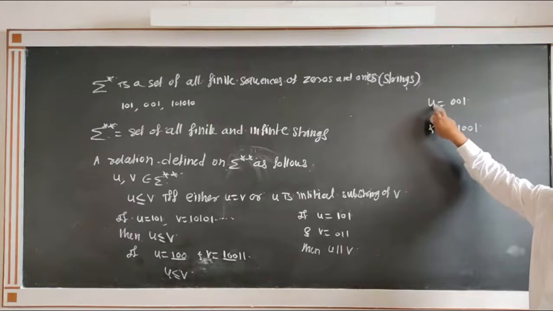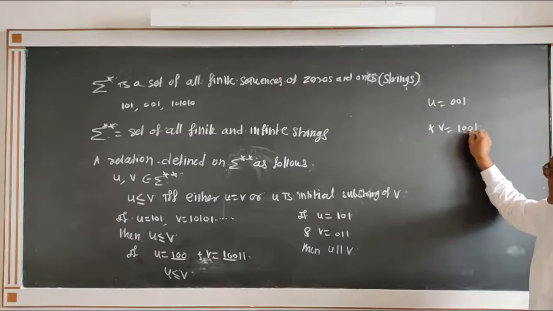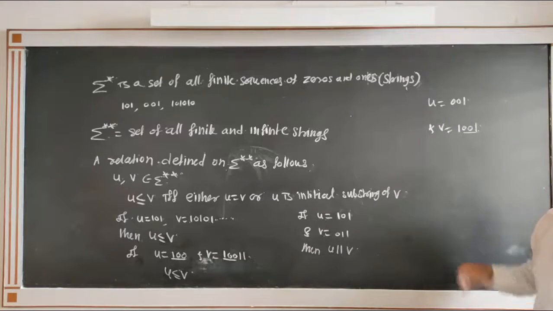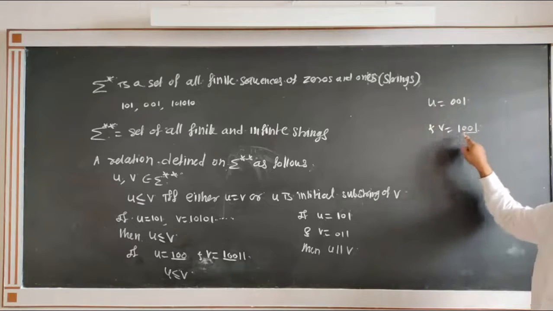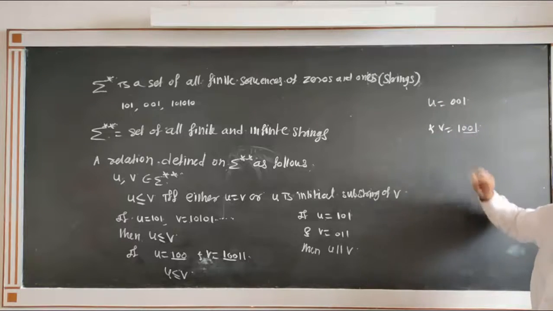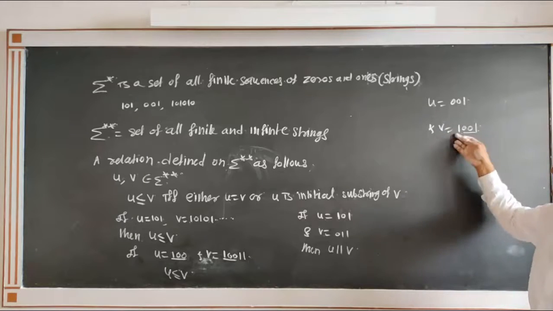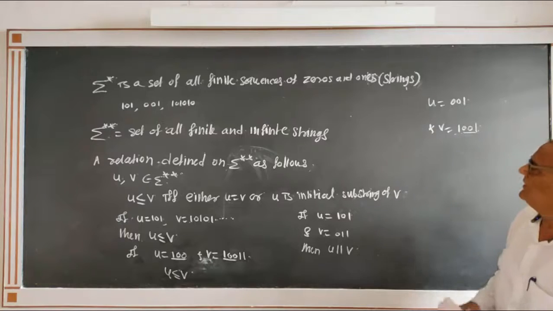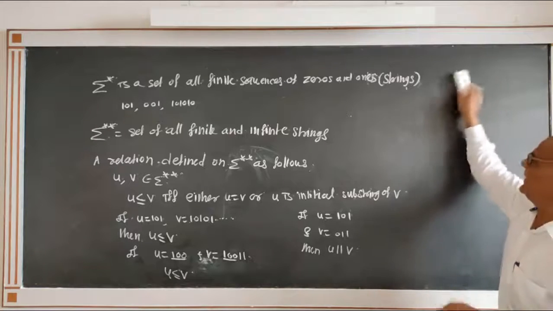Here U is a substring of V, but not an initial, starting substring. So U and V are not comparable.